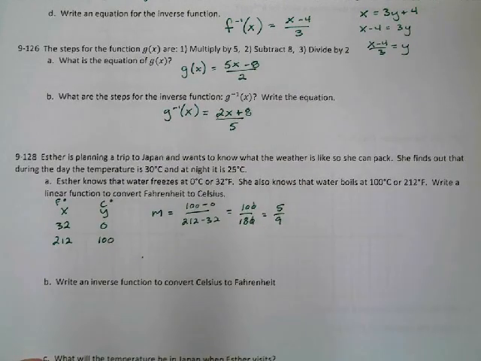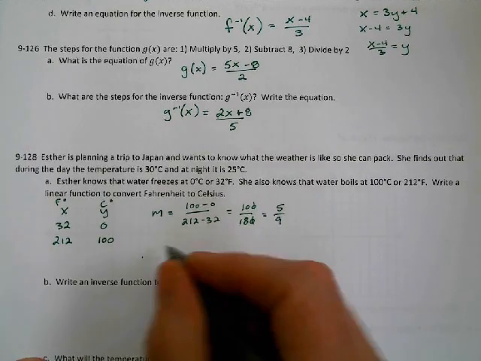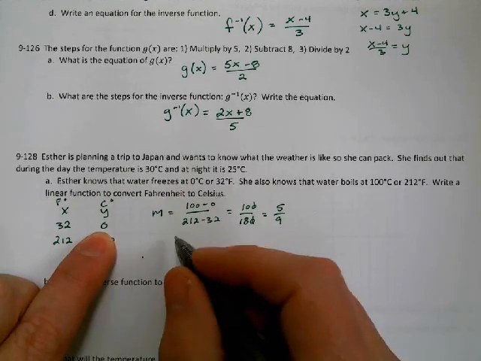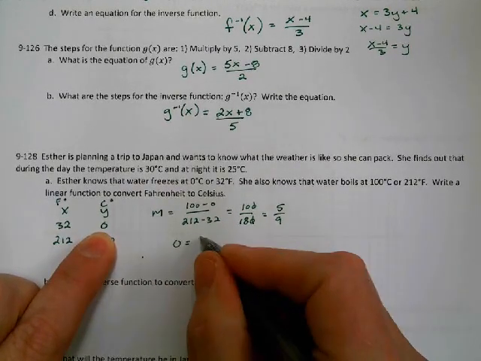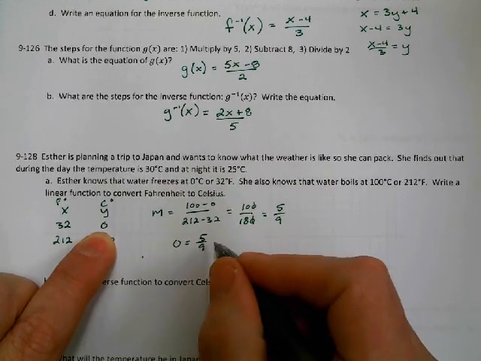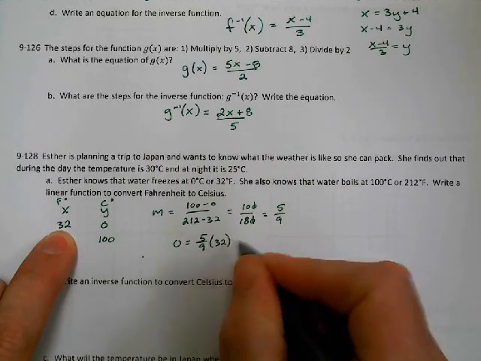Now I need to find out what the y-intercept is. So I use y equals mx plus b. Y, I'm going to use 0. M, 5/9. X, 32. Plus b.